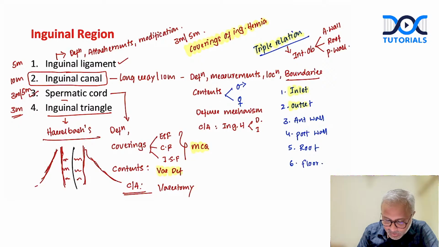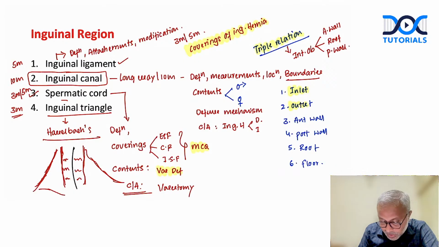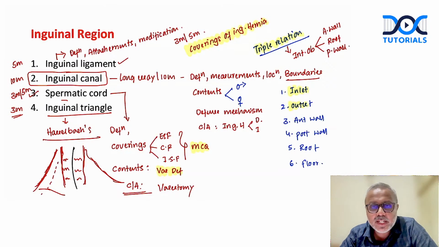We have the medial umbilical fold, and how is this bounded below? This is bounded below by the inguinal ligament, and how is it divided into two parts? By the obliterated umbilical artery, and the inferior epigastric artery. So this is what we need to know regarding Hesselbach's triangle.